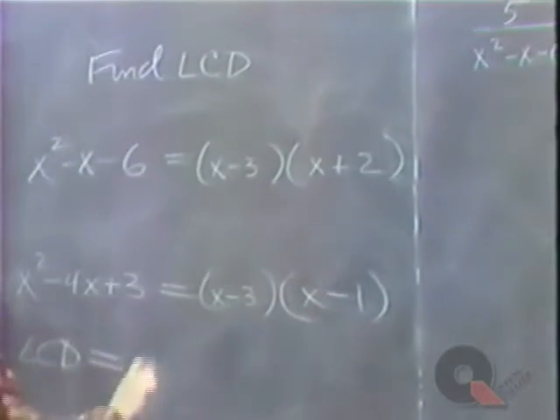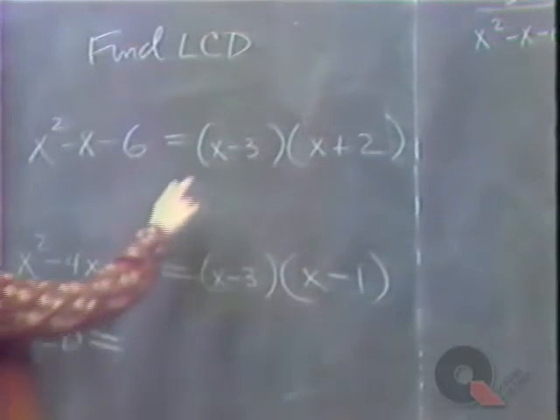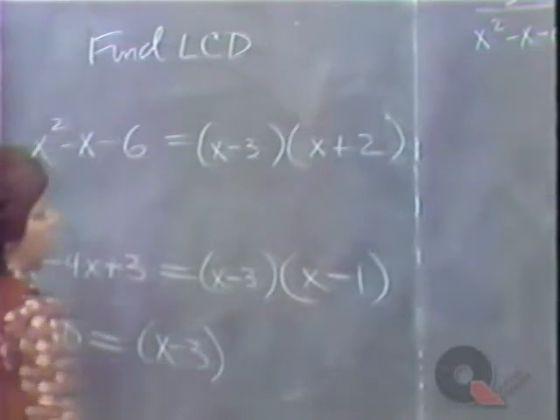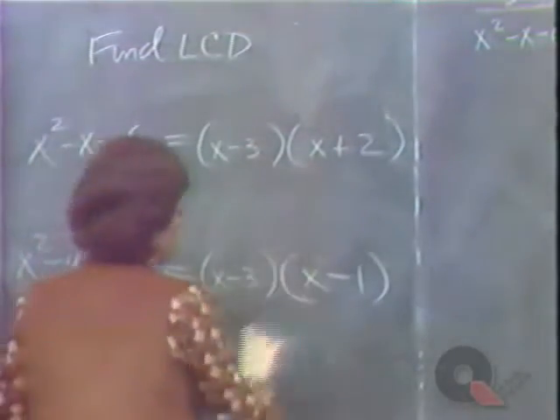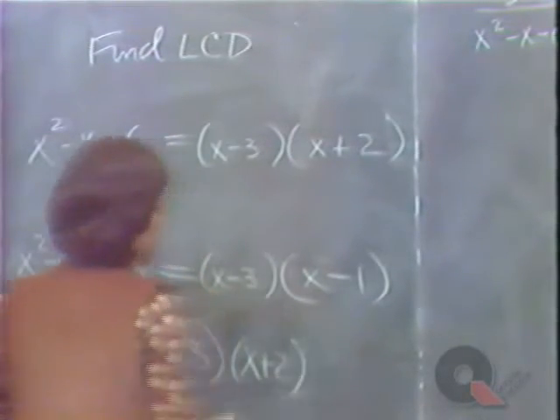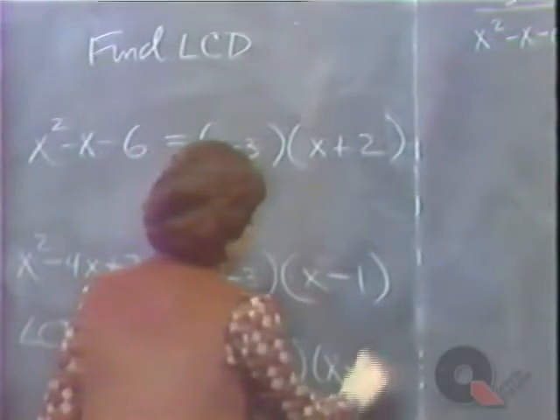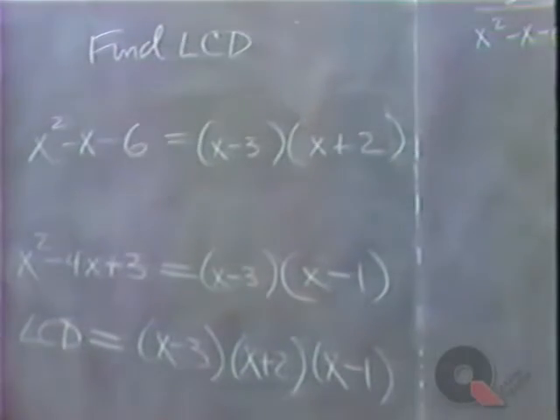For the LCD, the factor x minus 3 occurs once, so we take it once. x plus 2 occurs once in the first and no times in the second, so we take it once. x minus 1 occurs no times in the first and one time in the second, so we take it once. x minus 3 times x plus 2 times x minus 1 for the LCD.